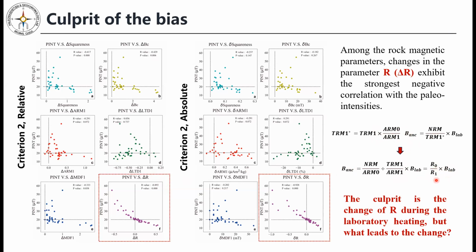For example, if the R after the heating becomes smaller, the paleointensity estimation will be higher, just like in this area. So we know that the culprit is the change of R during the laboratory heating. So what leads to these changes?